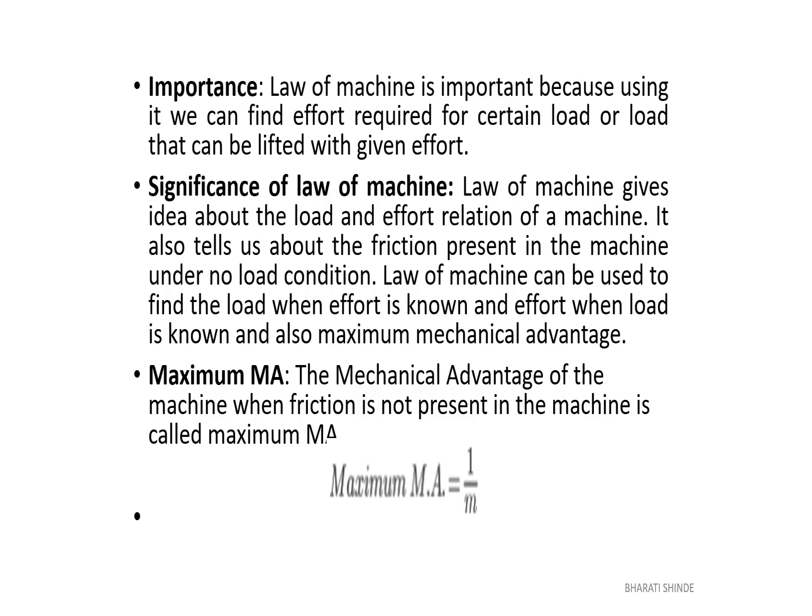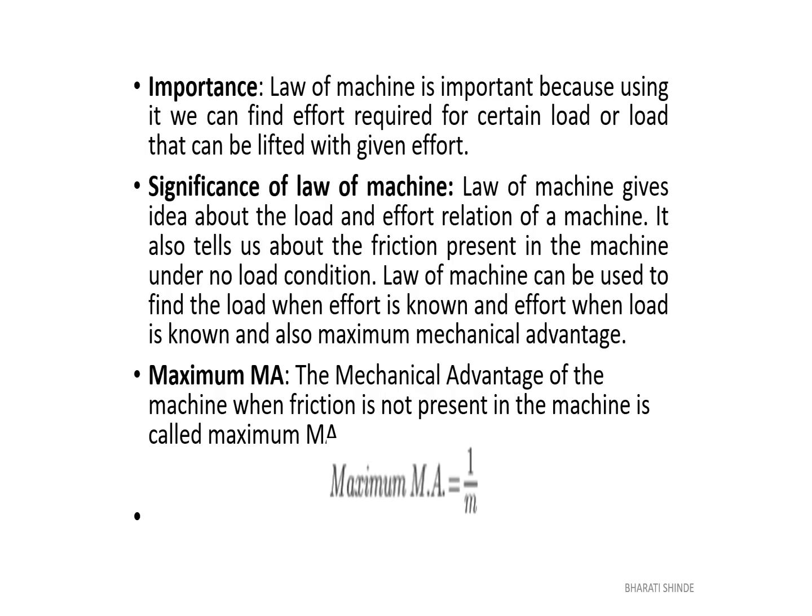It also tells us about the friction present in the machine under no load condition. Law of machine can be used to find load when effort is known and to find effort when load is known. And also we can find the maximum mechanical advantage.